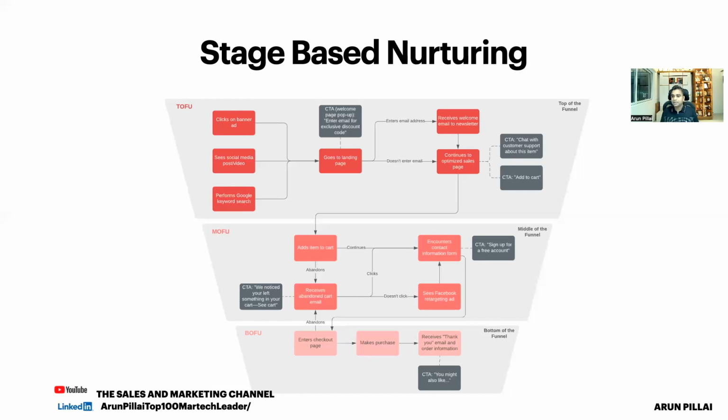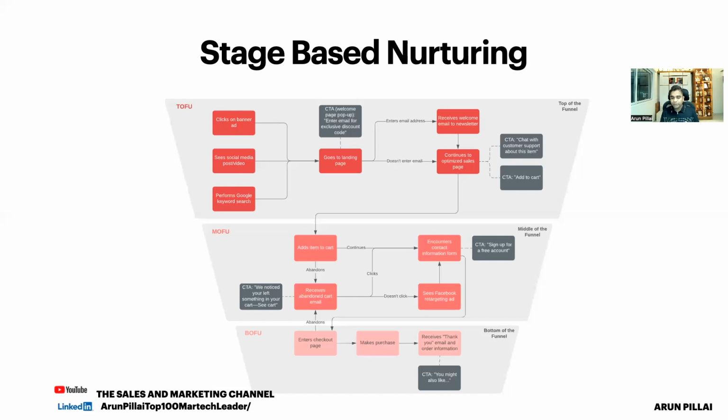And then the ones that are actually ready to buy, but timing is of the essence, and that's the only reason the purchase didn't happen, we would put them into bottom of funnel content and create a personalized content journey for each of these stages.